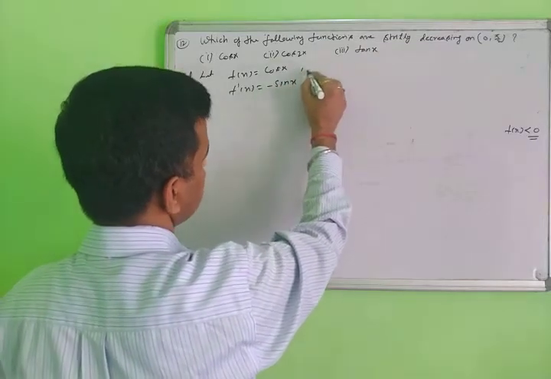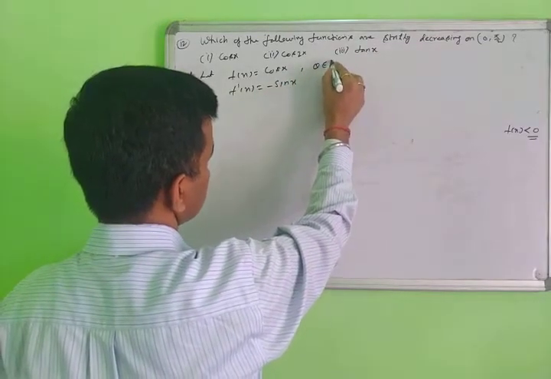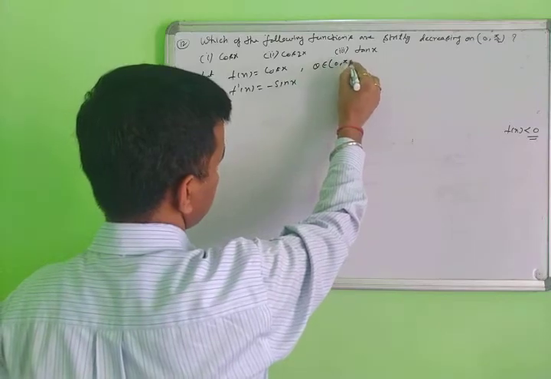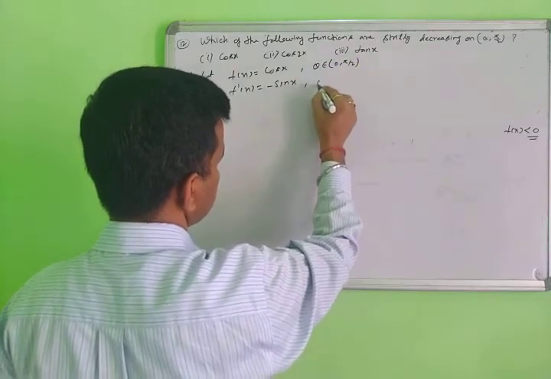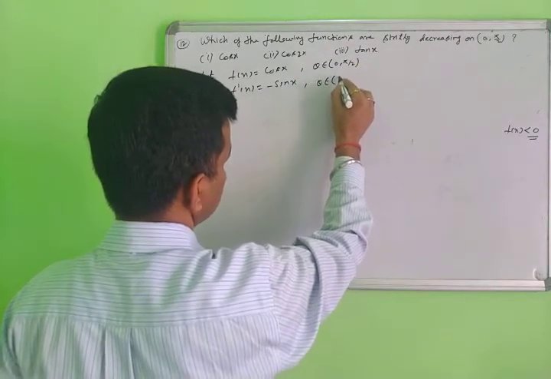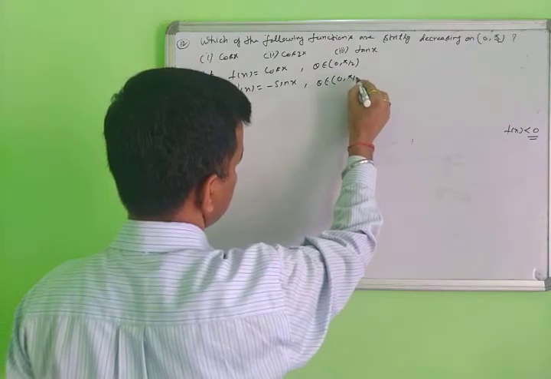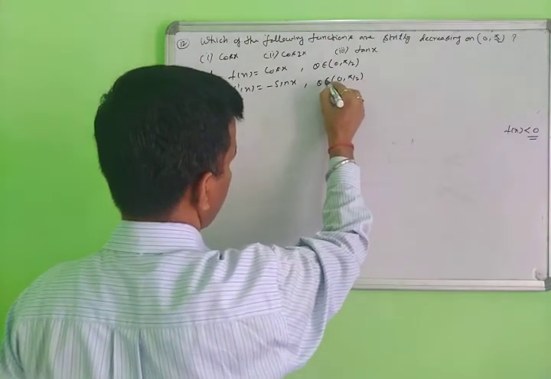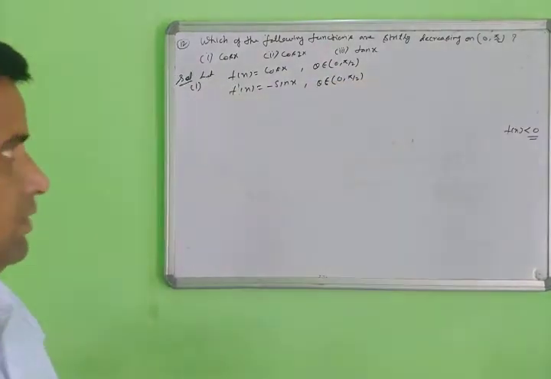The interval given is: theta belongs to the open interval 0 to pi by 2.